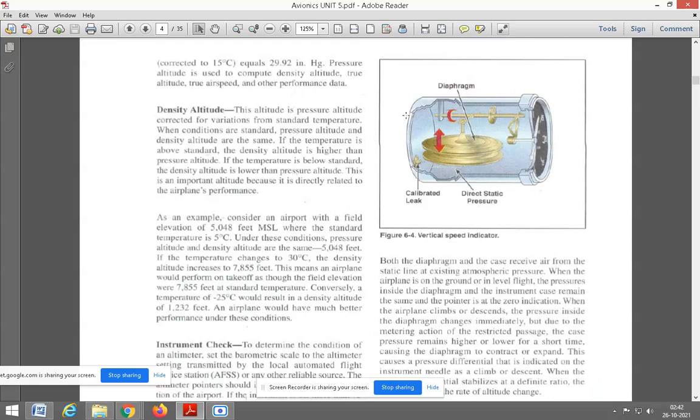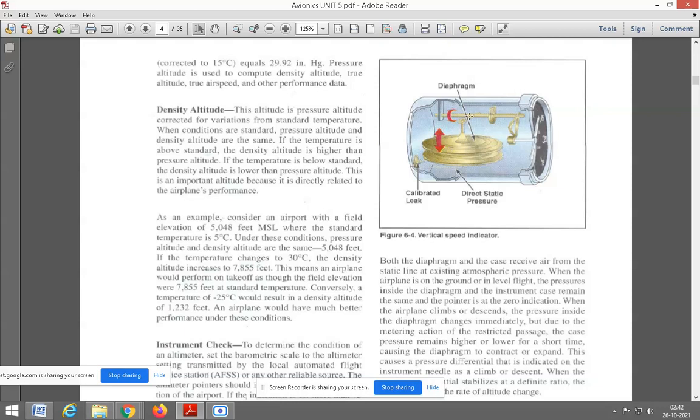So this is your vertical speed indicator. The circle, like a circular disc, that is the diaphragm. Okay. So overall it acts as a differential pressure device.